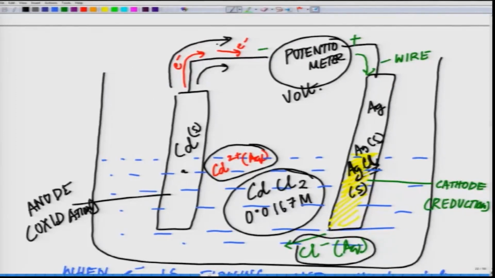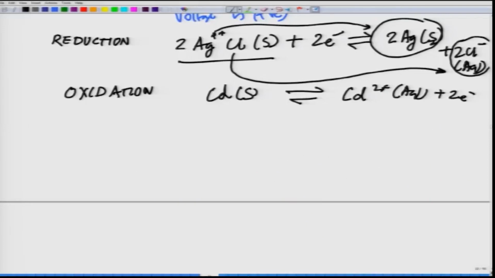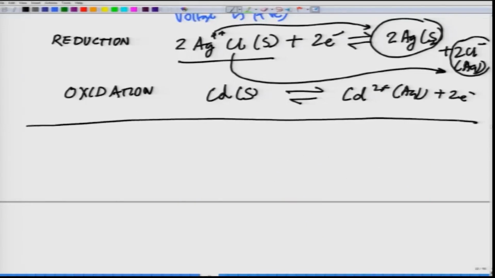Now, if you add up these reactions, what you get in this redox reaction is the net reaction.